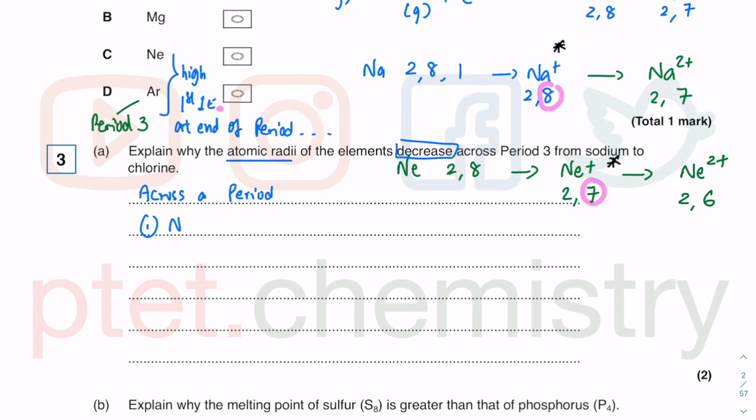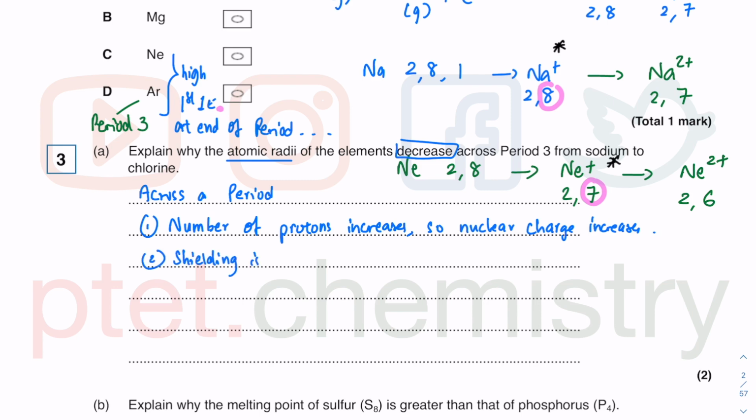So you have more protons in the nucleus, so the number of protons increases across a period, so nuclear charge increases. The positive charge inside the nucleus will get more and more positive. But then we also have shielding, which is roughly constant, and this is a result of the electrons filling the same shell, which is the third shell here.